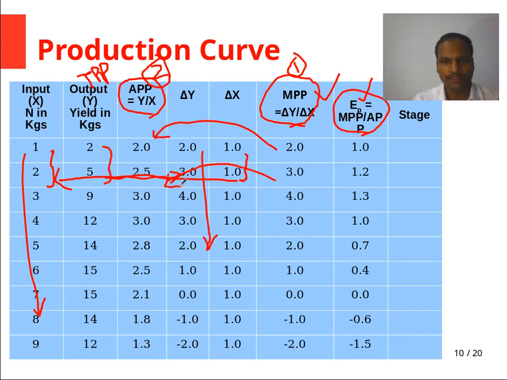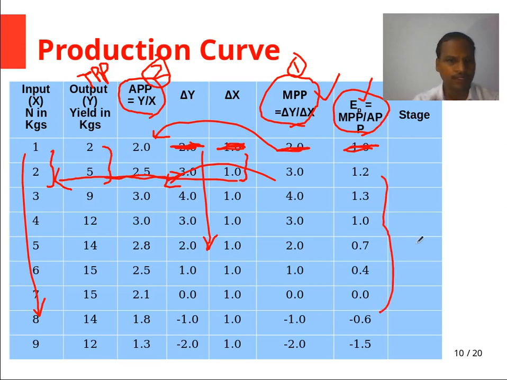Normally we don't take this value because we don't have any previous values. So we don't take this 2. We put dash here. So here also we can put dash. Here also we can put dash. So the elasticity also can be calculated.